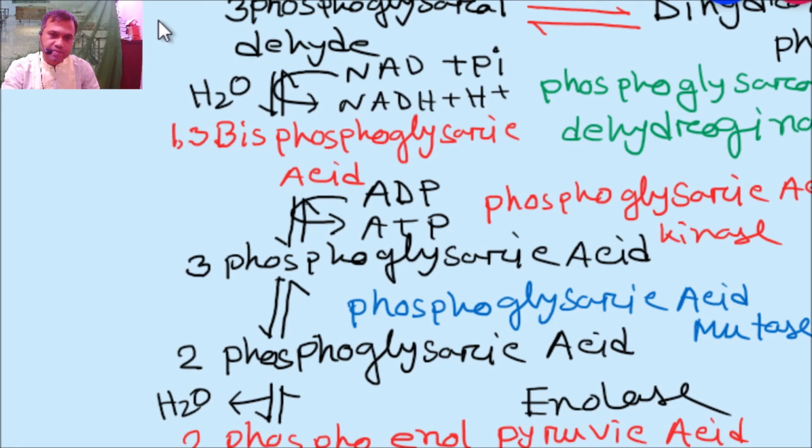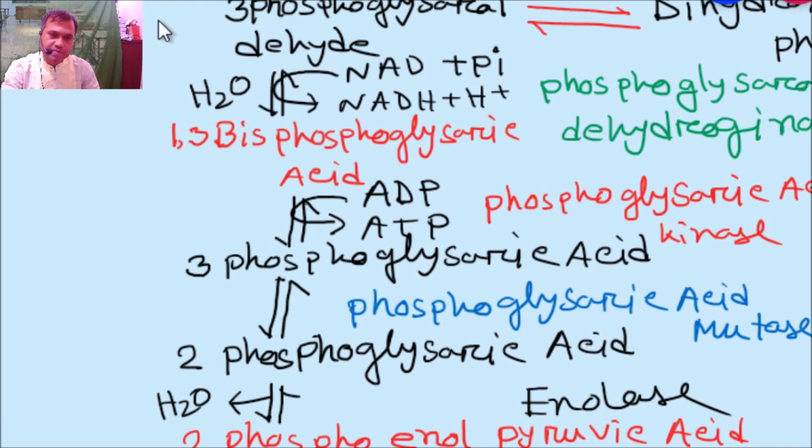That means if we number the reactions, this one is the third reaction, fourth, fifth, 6, 7, 8, 9. These reactions 5 to 9 occur twice.